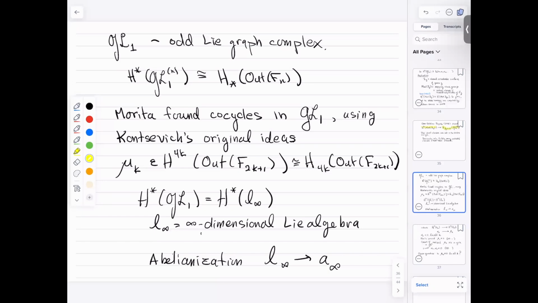And then from that, you can look at the algebra of derivations of the free Lie algebra. A derivation is something that obeys a Leibniz rule. And he looked at derivations that preserved a symplectic form, a symplectic element. That's a particular Lie algebra that we call L infinity.